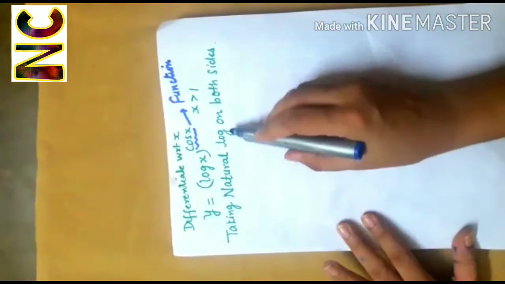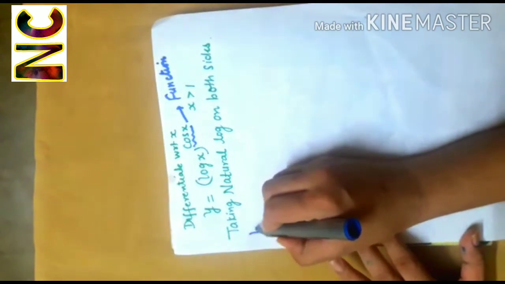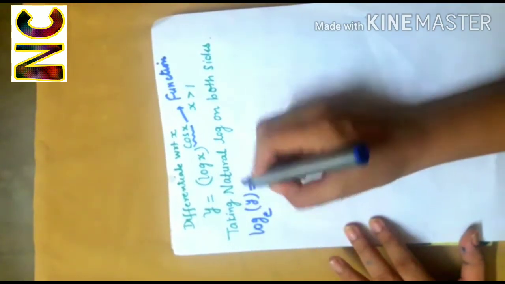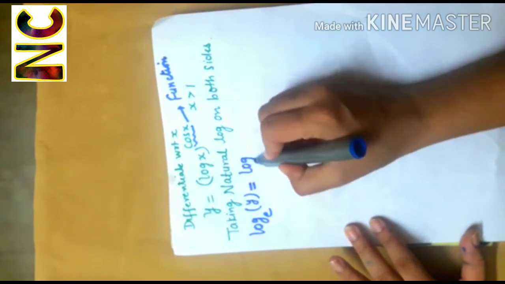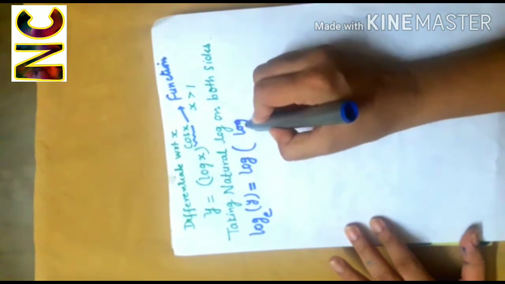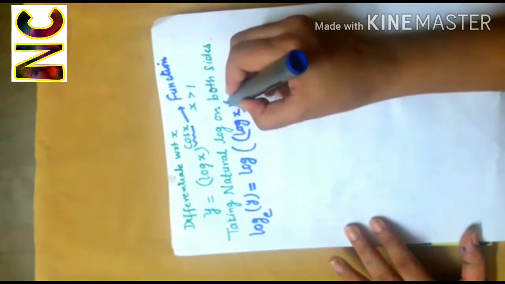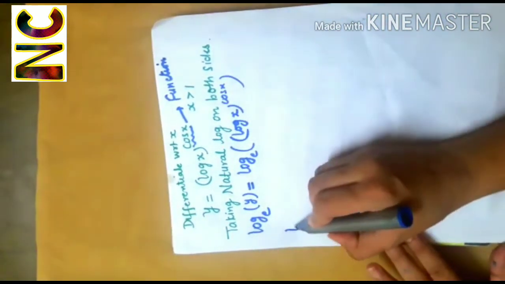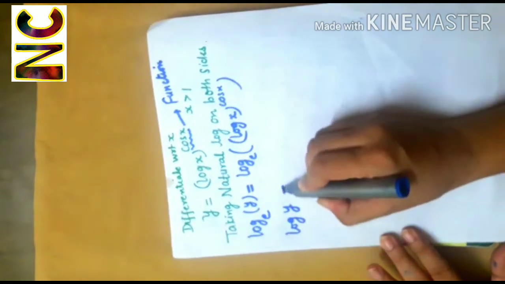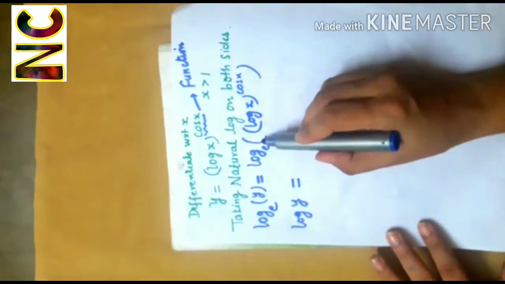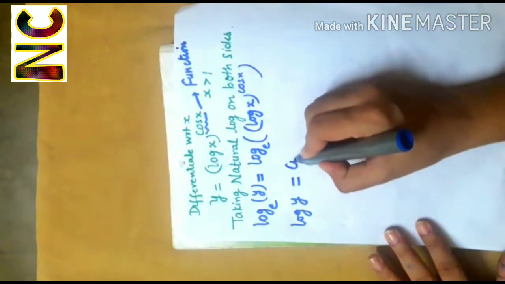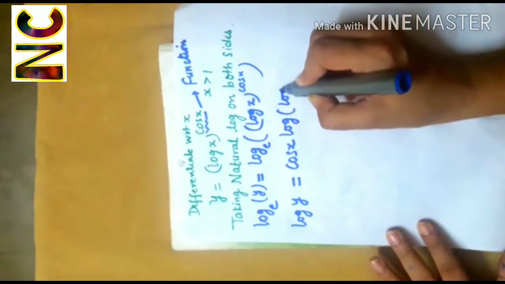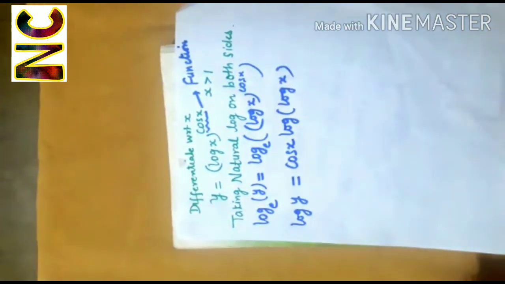So taking natural log on both sides, I'll get log y to the base e equals log of x raised to the power cos x to the base e. So it's log y equals, yes, by property of log, this power will come in the front and it is cos x into log of log x, right?